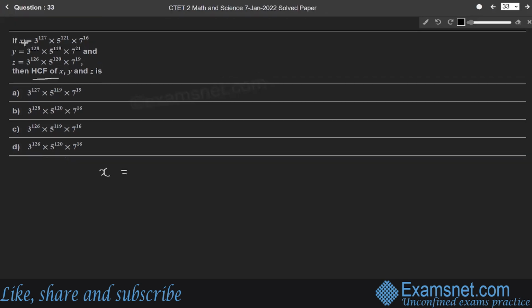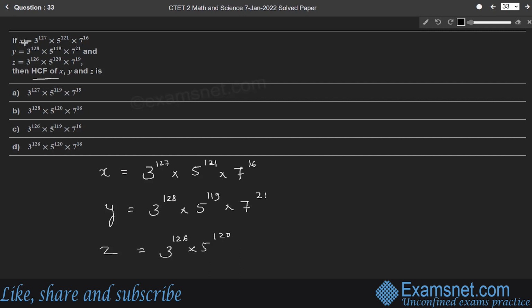Let us write the given numbers: x is 3^127 into 5^121 into 7^16, y is 3^128 into 5^119 into 7^21, and z is 3^126 into 5^120 into 7^19.